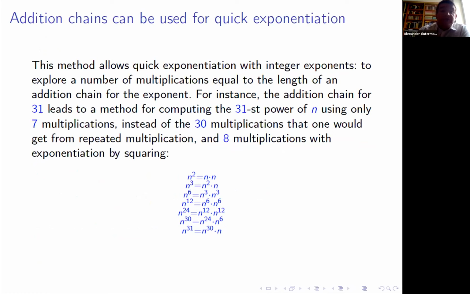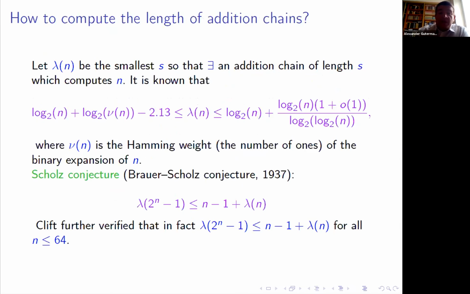The same works, say, for exponentiation. I will not go into the details. It is much easier to compute powers using additive chains, in fact.